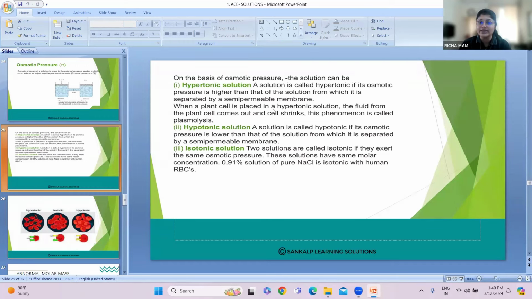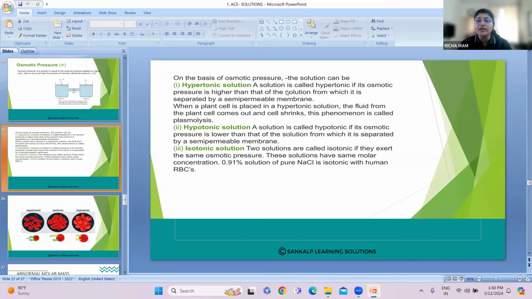If the blood cells are placed in a NaCl solution with a concentration more than 0.91%, then the water will flow out of the cell, and the cell will start to collapse and shrink, because the concentration of the NaCl solution is higher.